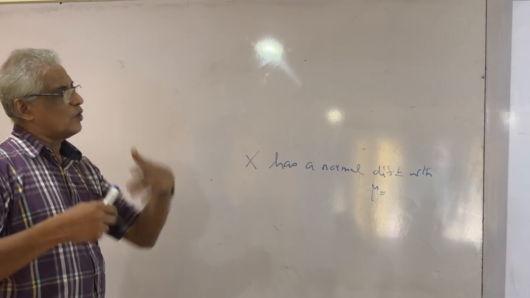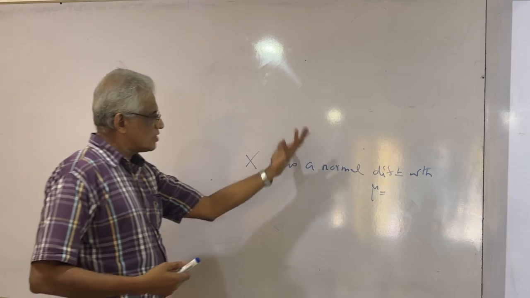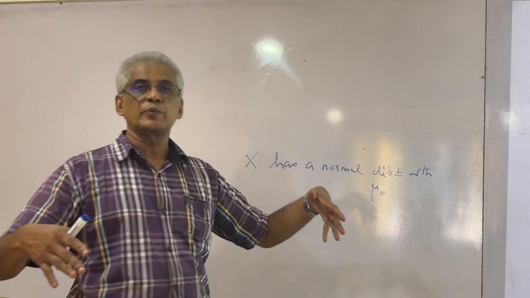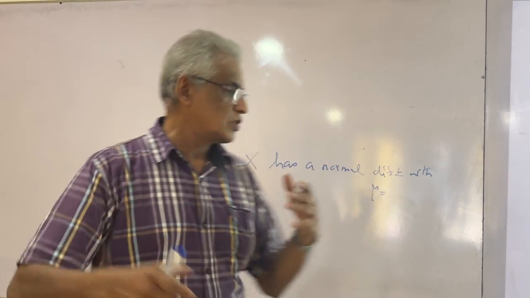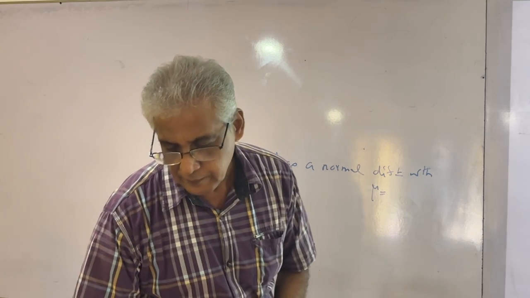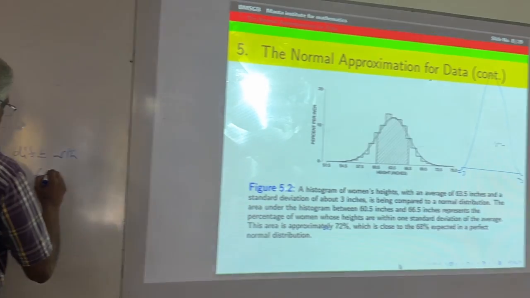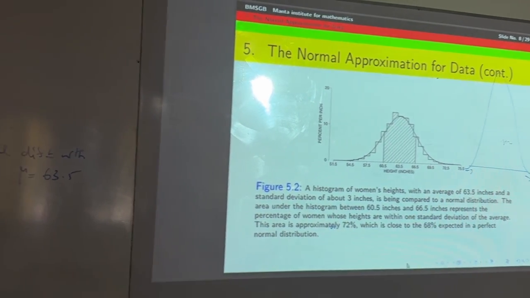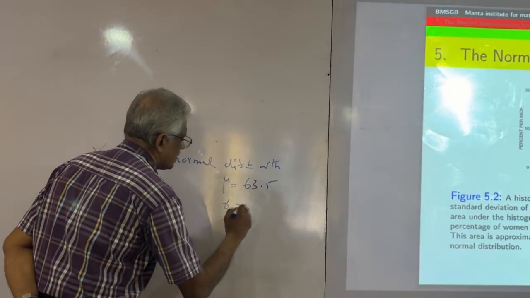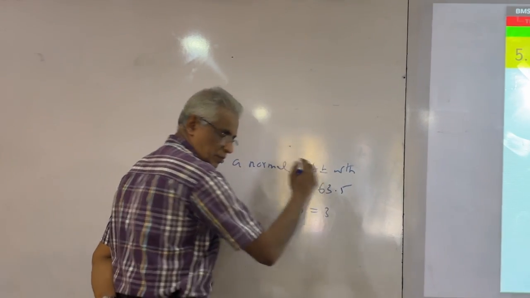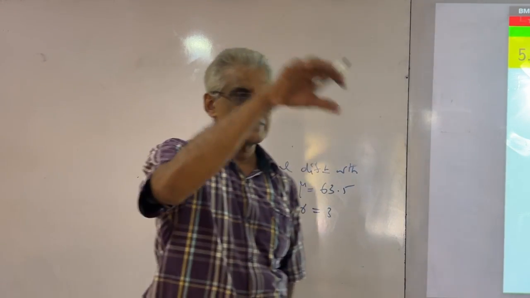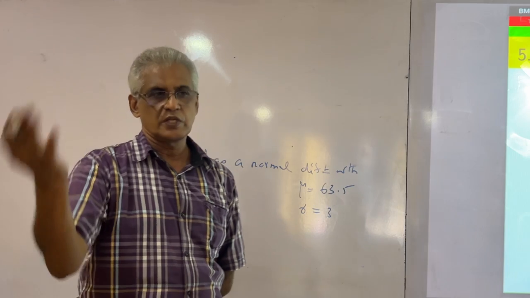Suppose for our heights, for the population model, we assume that in the population it has a normal distribution with some mean, say 63.5 for example. That is our estimate. And suppose sigma was 3. These are actually obtained from the sample, but we are going to use them as approximate values for the population quantities.